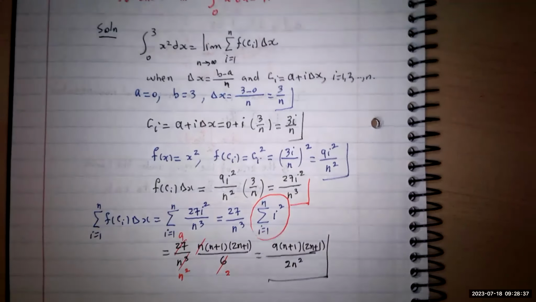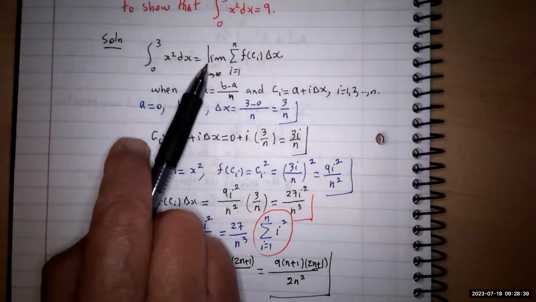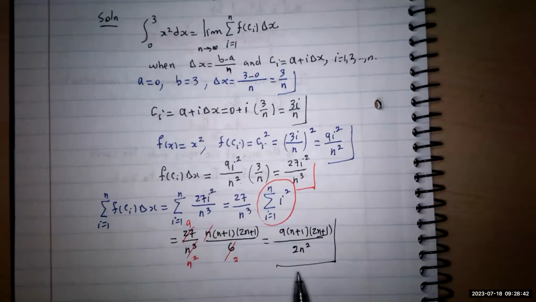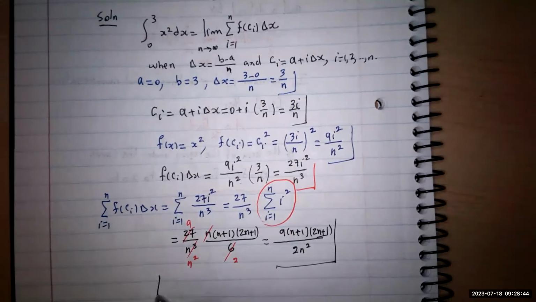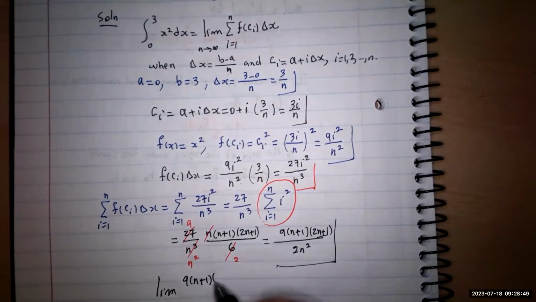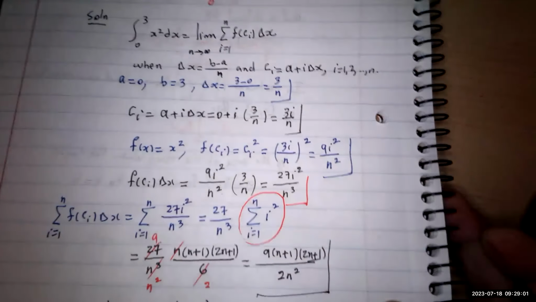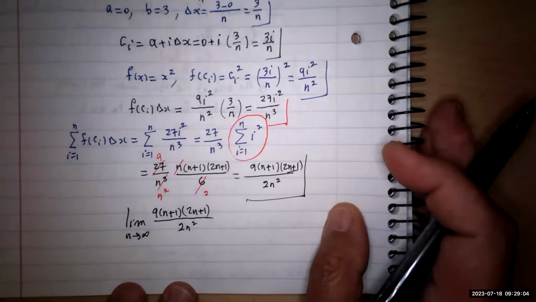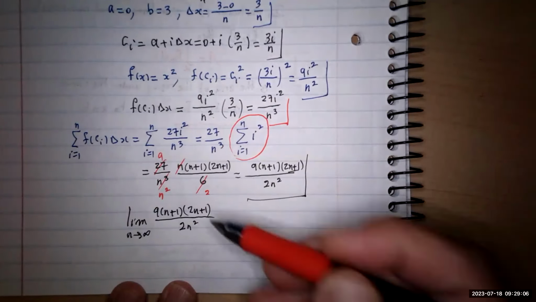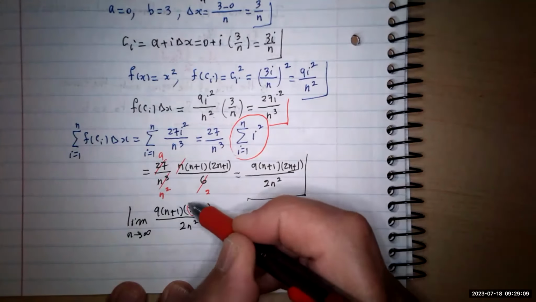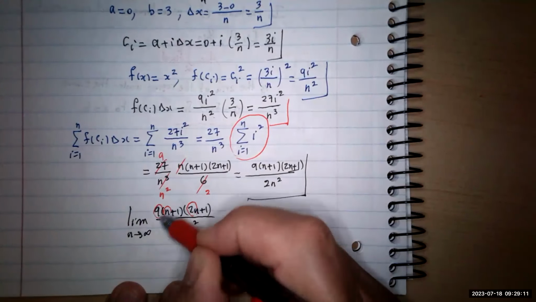Last step is take the limit. You take the limit of this last one. So the limit of 9 times (n plus 1) times (2n plus 1) divided by 2n squared, as n goes to infinity. Now you have to use that leading term idea to take the limits. The leading term on the top is the product of 2n, 1n, and the 9.